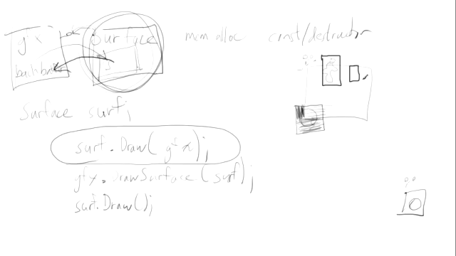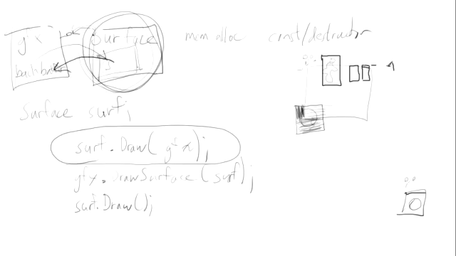Now if we start with another surface, and let's say that one has y offset equal to -1, it's not flush with the top of the screen, it's actually one above the top of the screen. In that case, we want to start with row 1, right? Because row 1 will be the row that's flush with the top of the screen. Row 0 is already off the screen.